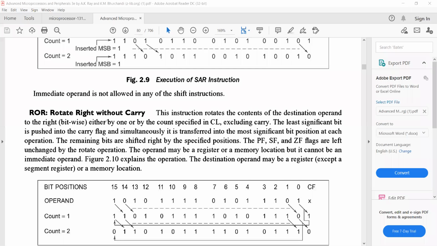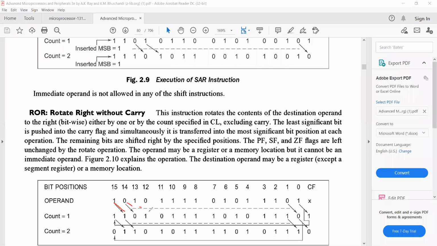Whatever data is present is shifted to the right side this way.